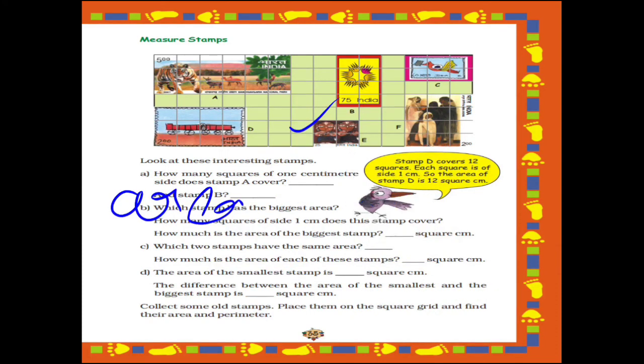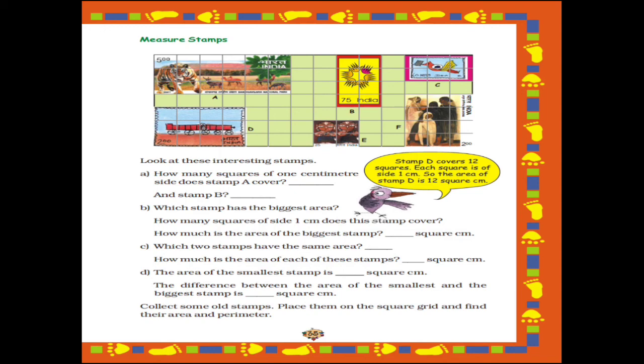Now let's see what the next question is. The difference between the area of the smallest and the biggest stamp is blank square centimeter. Now we have to find the difference between the area of the biggest stamp and the smallest stamp. For finding the difference, we have to subtract the area of the smallest stamp from the area of the biggest stamp. So you will write in this way.